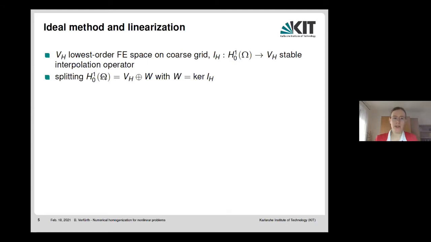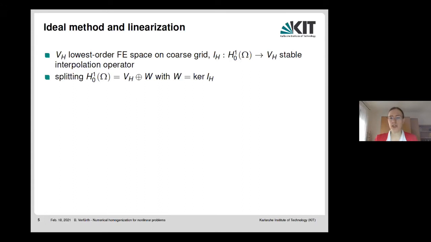This induces the splitting of H10 into the finite element space and this W space, the kernel of IH. You've learned that we think of W functions as being fine scale and oscillatory, and VH functions as being coarse scale.